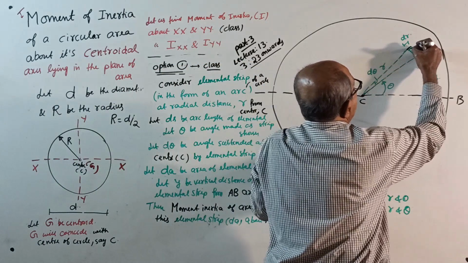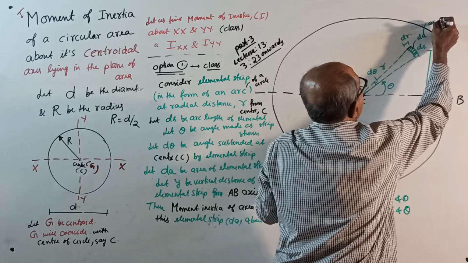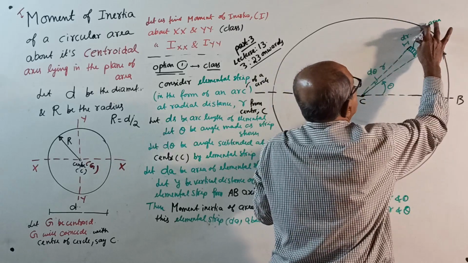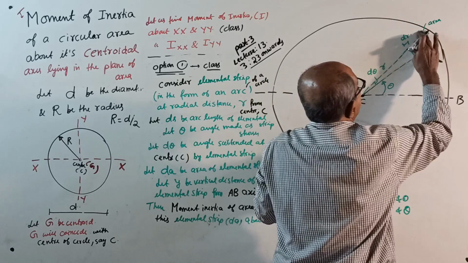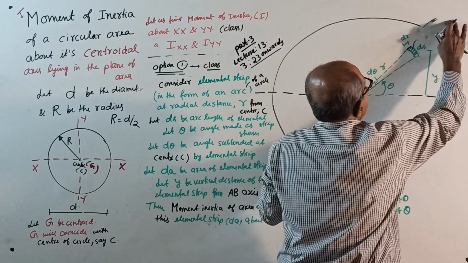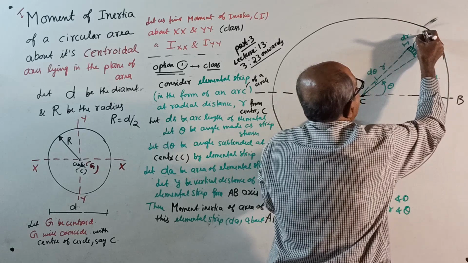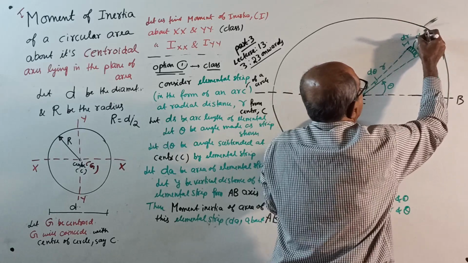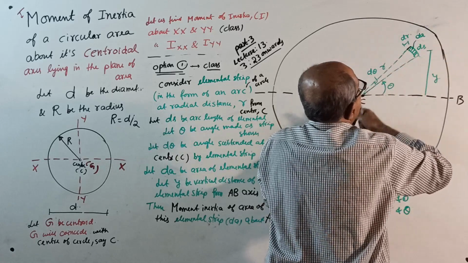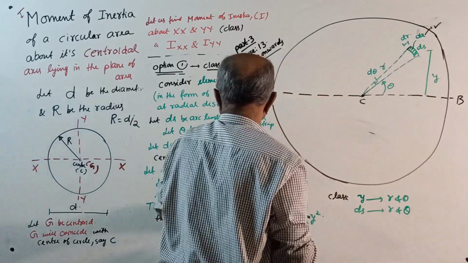See, this area equals dA. dA is the area of the elemental strip, understood. That much you can make out when I take a small area here. There is no space to write here. You can write here: dA is the area of the elemental strip.